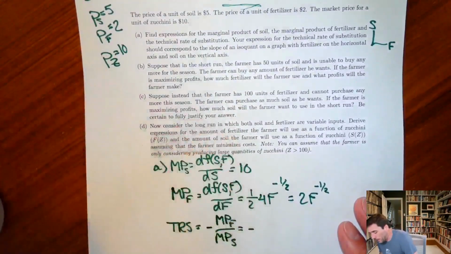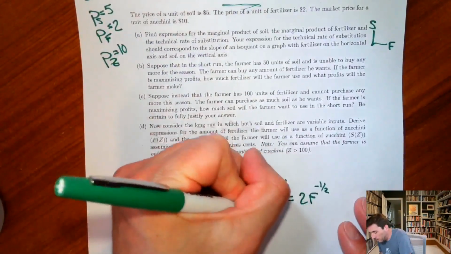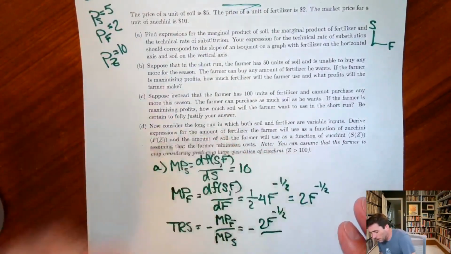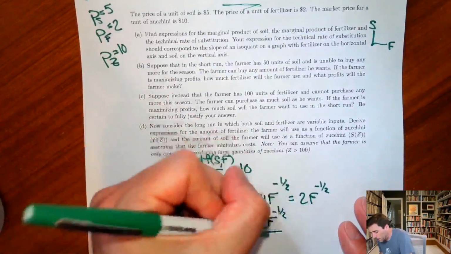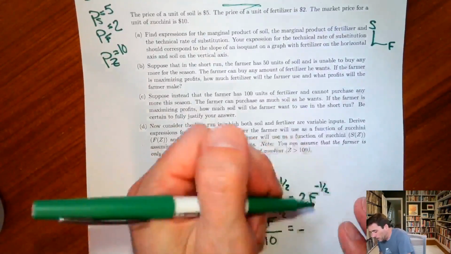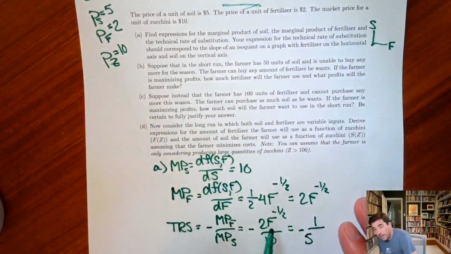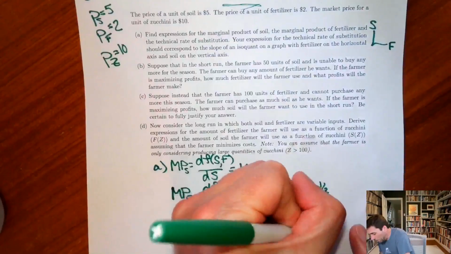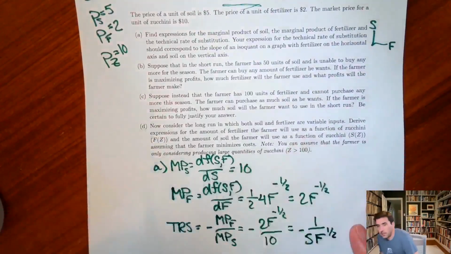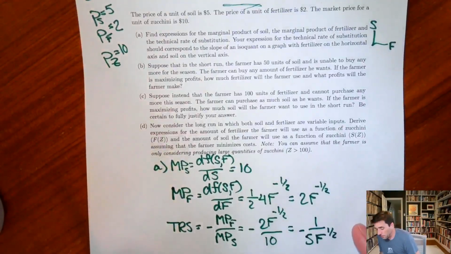And so that's going to be minus marginal product of fertilizer, which is 2F to the minus 1/2. Marginal product of S was just 10. So the 2 over 10 is going to give me a 1 over 5. And I'm going to move my F to the denominator just so I can get rid of the negative exponent, make it positive. Right? So there we go. We've got our marginal products. We've got our technical rate of substitution.